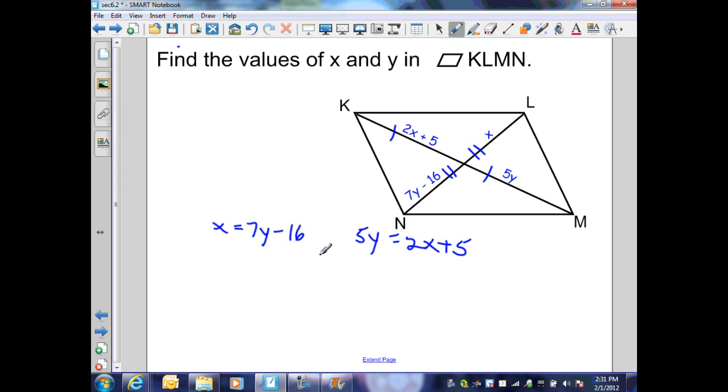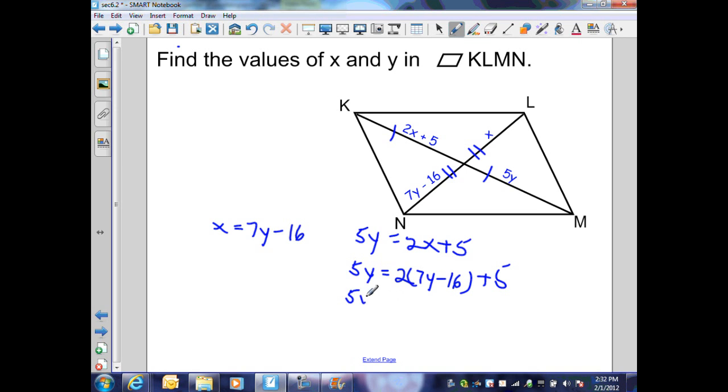This is a system of equations because I have 2 equations with 2 unknowns. Since I have a variable already equal to the other expression, I can just use the substitution method. In other words, I'm going to use this equation, and in place of x, I'm going to use 7y minus 16. Therefore, 5y equals 2 times 7y minus 16, plus 5.